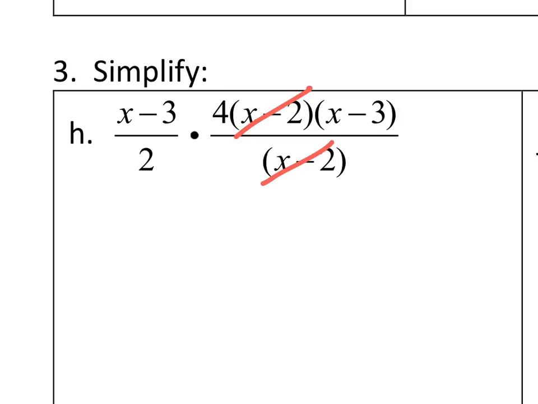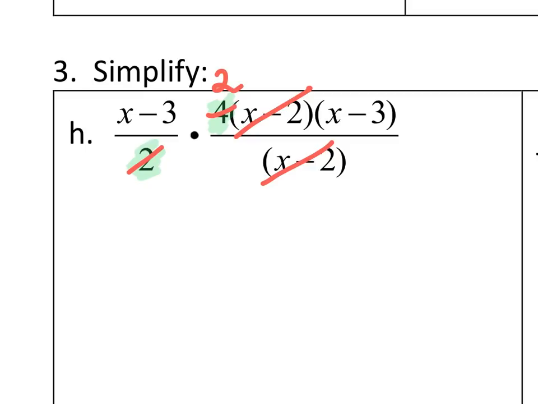The other thing that I notice is that I have a 4 here and I have a 2 here, and I can cancel: 2 divides into 4 2 times. Notice that I have canceled all my denominators, leaving me just 1, and we don't write 1 as a denominator, so our answer is going to be without denominator.